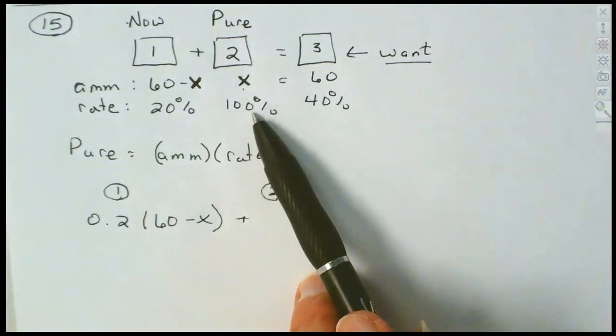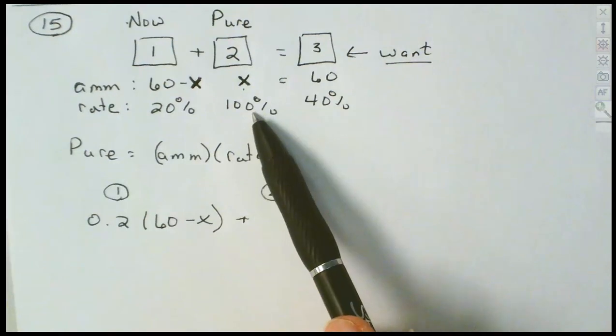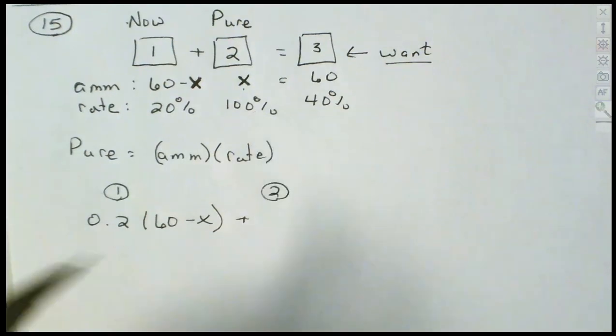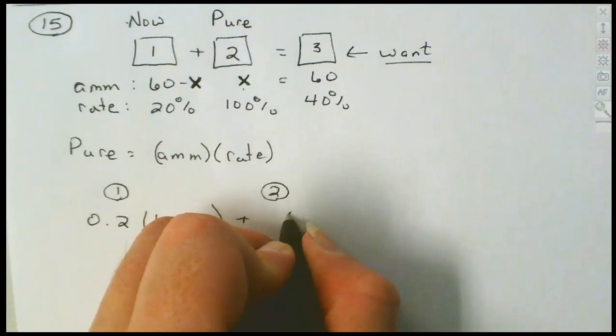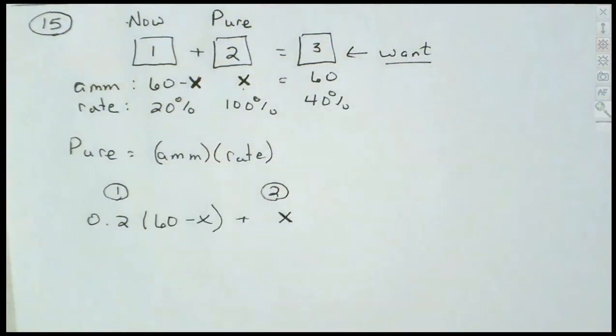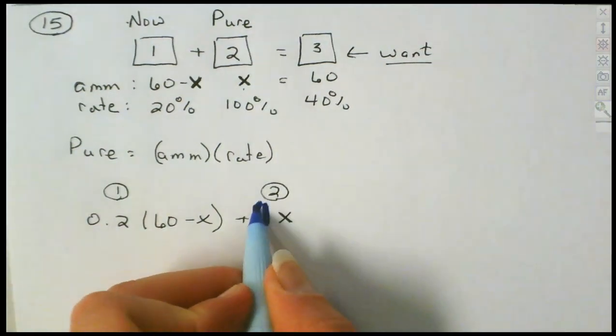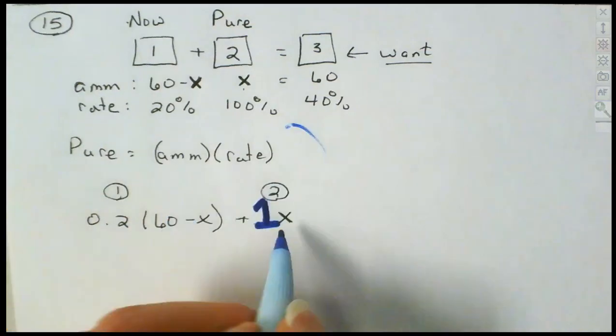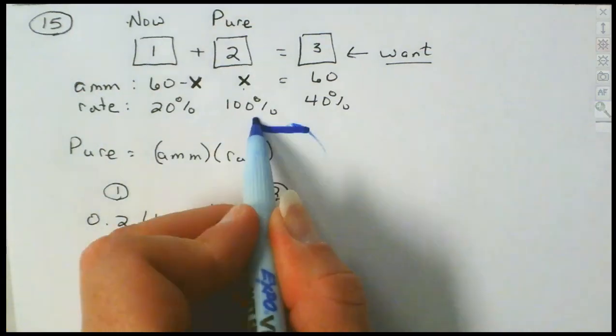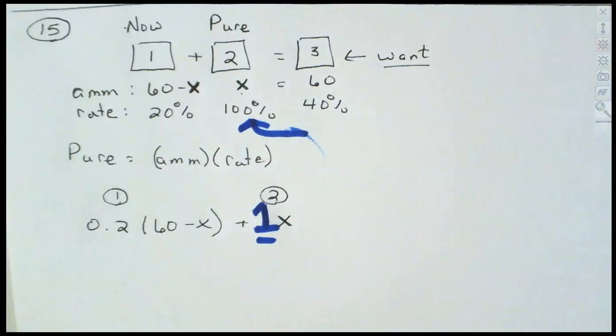Now, 100% is 1. So that gives you then just 1x or just x. You can put the 1 there if you want, but it's understood that it's there. I'm going to go ahead and put the 1 in. So you see that this 1 goes with the 100%. Right? 100% is 1.